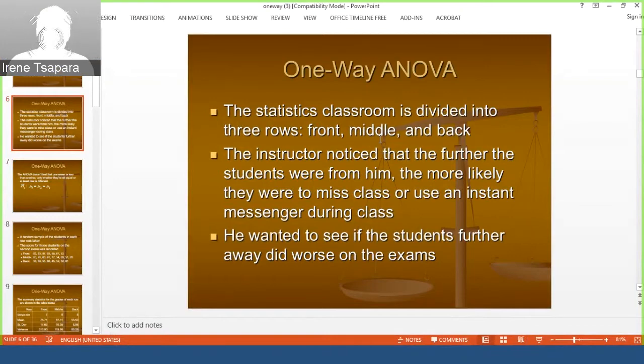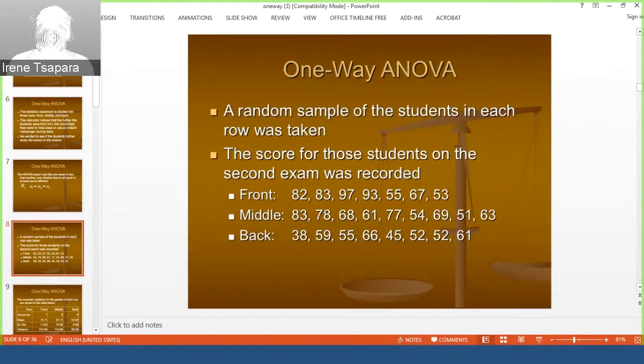This doesn't mean that each one of them, of course, gets a lower grade. We have exceptions. But overall, it seems that the students who sit in the back row are the ones who do worse on the exams. So let's look at an example based on that.